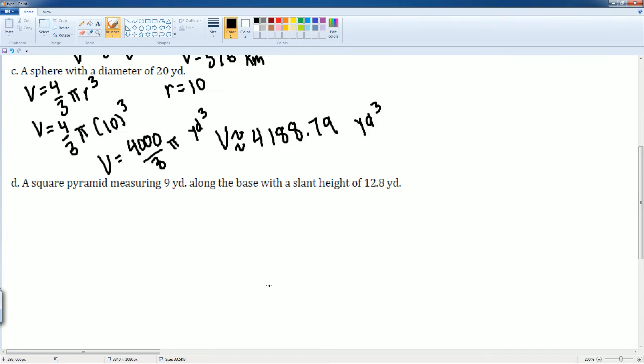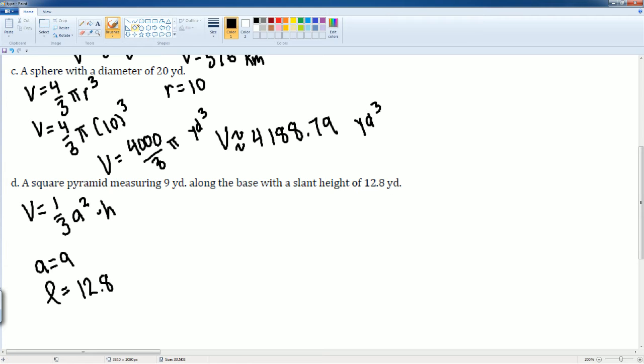Let's do D, a square pyramid. So let's look for the volume of a square pyramid. The volume of a square pyramid is defined by 1/3 A squared, where A is the side of the pyramid's square base, times the height. The square measures 9, so the A here is going to be 9. The slant height here is L equal to 12.8.